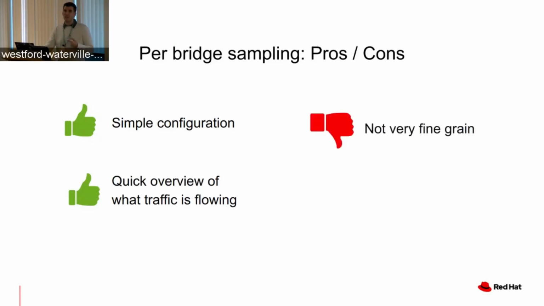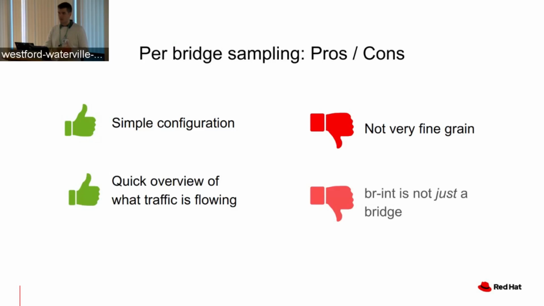However, it is not very fine-grained. As we saw, the sample rate is global, and so are the observation domain and observation point IDs. So we are kind of just sampling a bridge as if it was just that, a normal bridge.